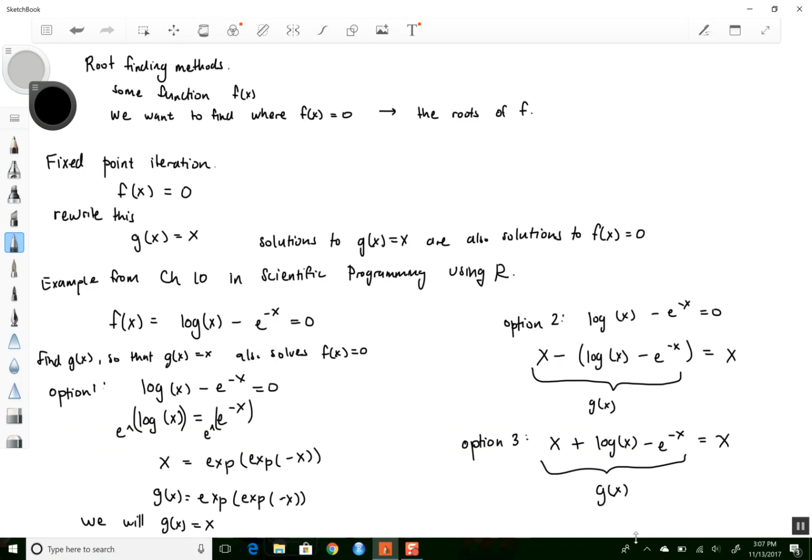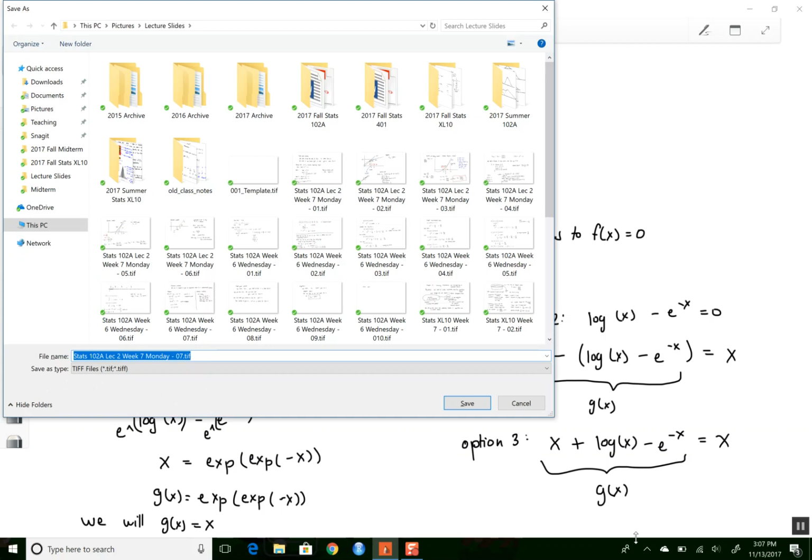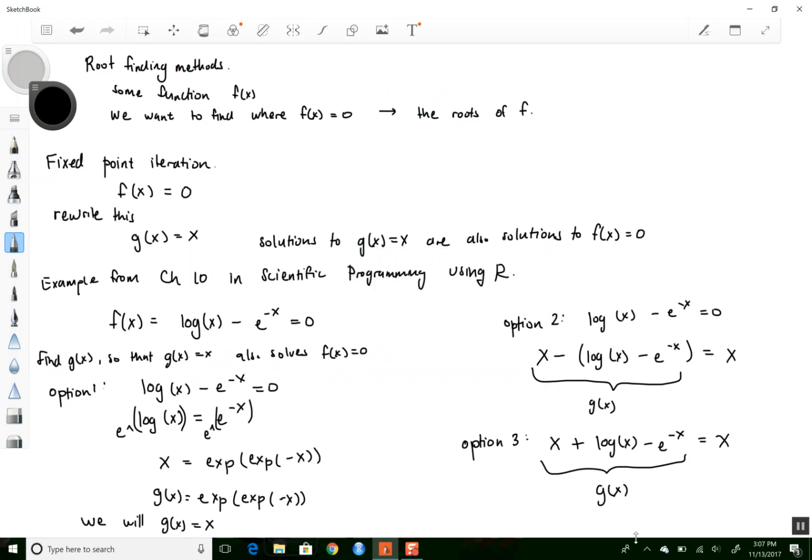So these are all just different ways to try this out. Okay. And when you look at these things, you can't really tell which one's going to work and which one's better than the other. The whole point of numeric methods was so we could avoid having to do some math, and we just wanted to have the computer solve the problem for us.